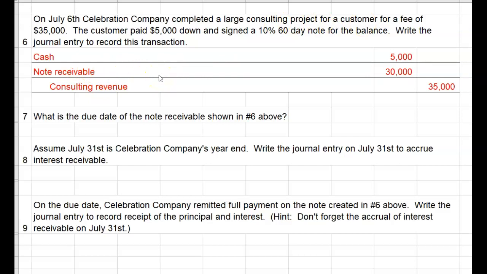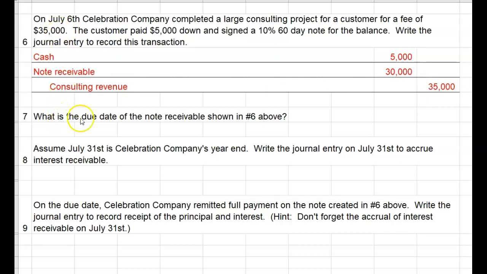But we don't know the name of the customer. Celebration Company is the company that completed the $35,000 fee, and therefore we are recording this journal entry on behalf of Celebration Company. Debit cash $5,000, debit note receivable $30,000, credit consulting revenue $35,000.